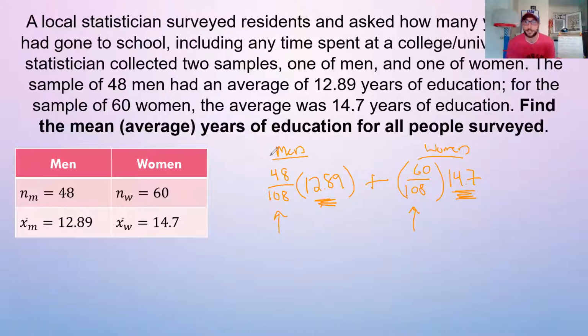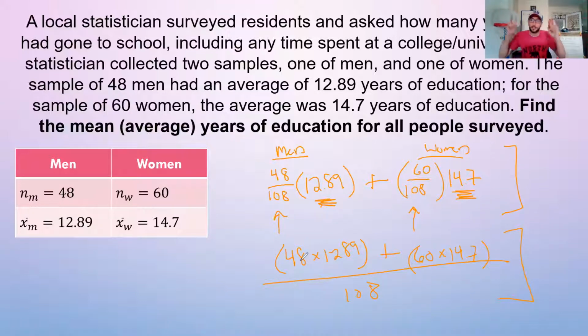And then if you know some algebra and use some common denominators and stuff, this ultimately is the same thing as 48 times 12.89 plus 60 times 14.7, right, all over 108. So whether you like this top idea, thinking more proportionally, or this idea, thinking about adding up a bunch of numbers, both work. But the more conceptual takeaway is that we have to factor in the sample size.